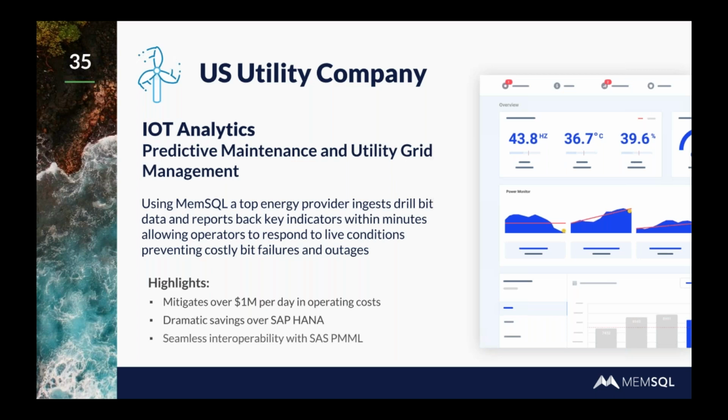And they also had an existing SAS PMML predictive model that was easy to move or port over into the MemSQL platform. And that's largely because we are a relational SQL database. So we're just like any other traditional database out there. We look and feel like relational ANSI SQL, but we're on a distributed scale-out system that leverages memory and disk appropriately.